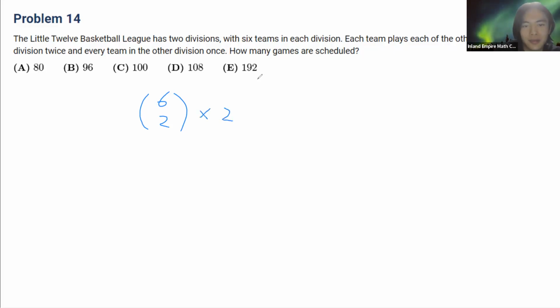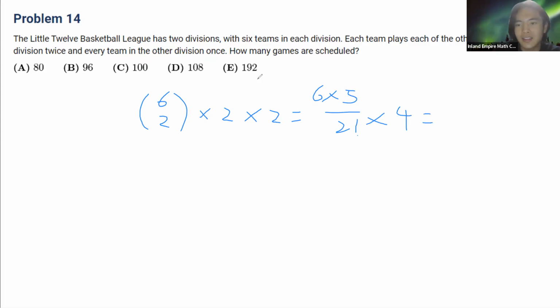But then remember that there's 2 divisions. So you're going to multiply by 2 again. And 6 choose 2, which is this thing right here, evaluates to 6 times 5 over 2 factorial times 4. And that evaluates to 60.